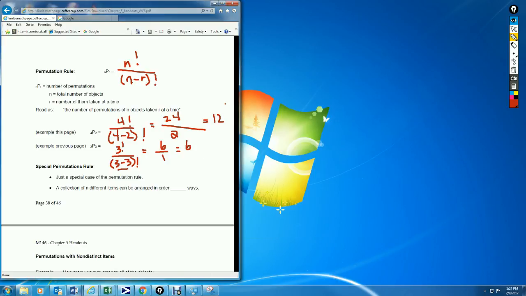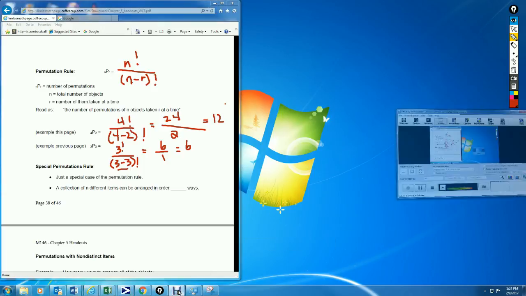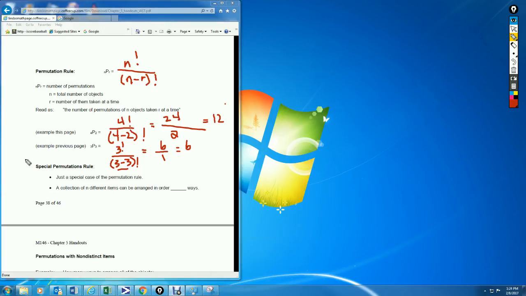Just a comment on that last example, this one, is that this is an example of the special permutations rule. This is when we have a certain number of items, n of them, and we want to arrange all of them.